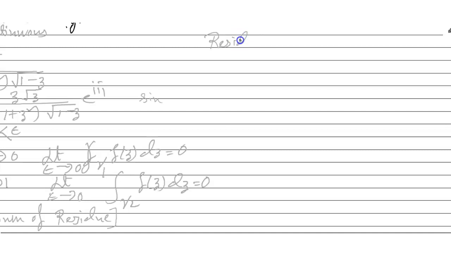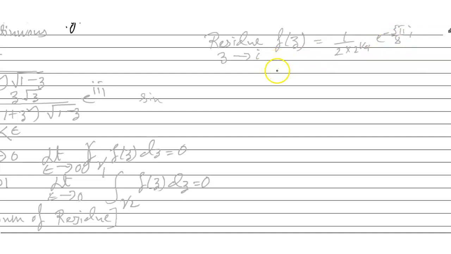So the residue at z tends to i of f(z) equals 1 by 2 into 2 to the power 1 by 4 e to the power minus 5 pi by 8 i.